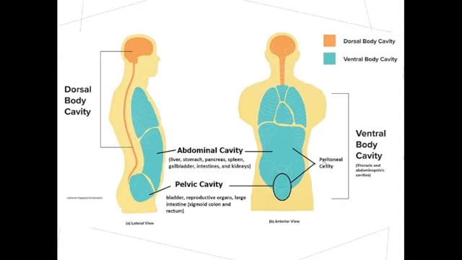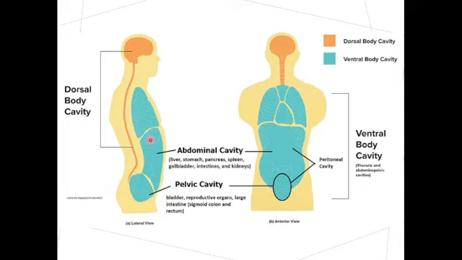Next, we have the abdominopelvic cavity, which is this part here. It contains our digestive and our reproductive organs, and it is separated into two different parts: the upper part, or the abdominal part, and the pelvic part, which is the lower part.